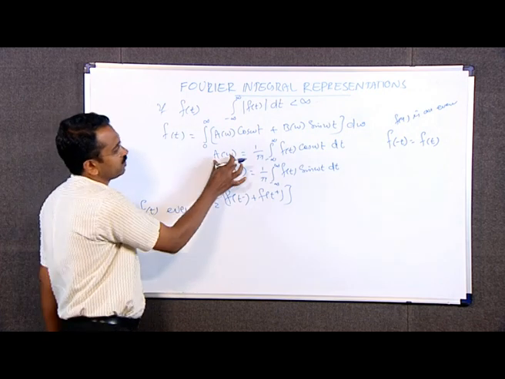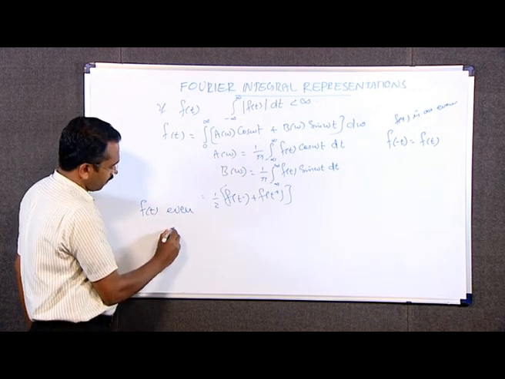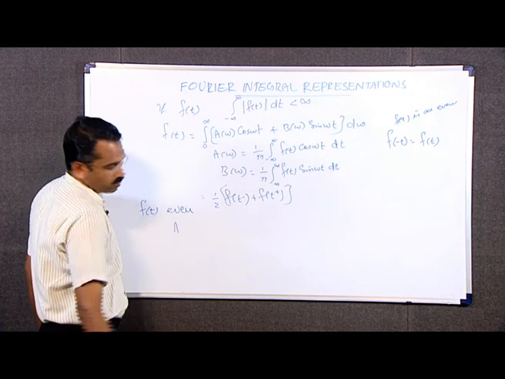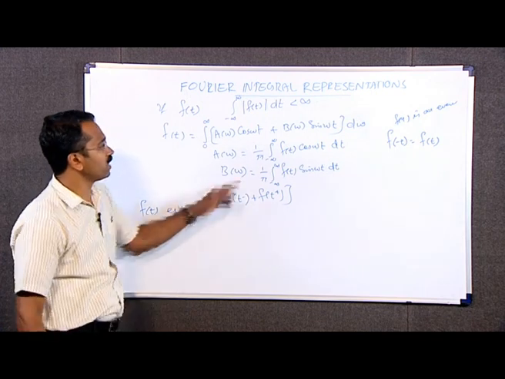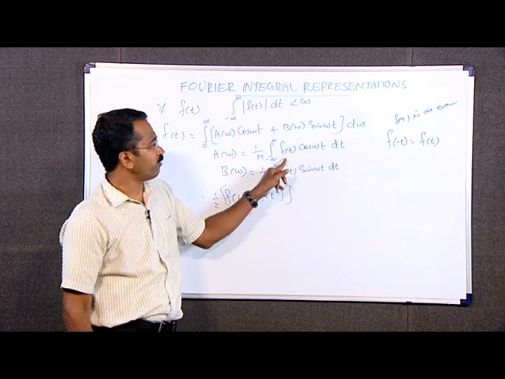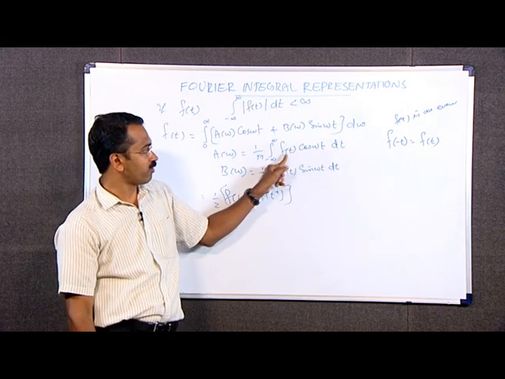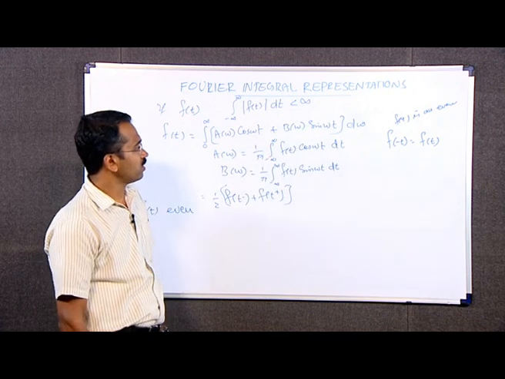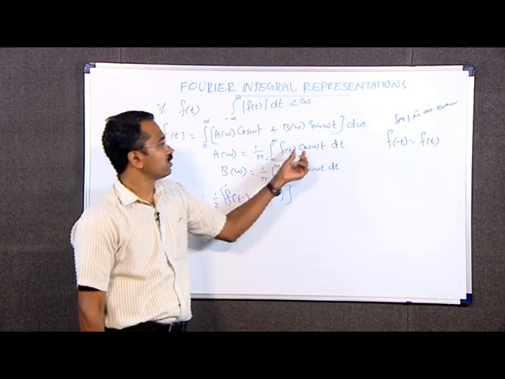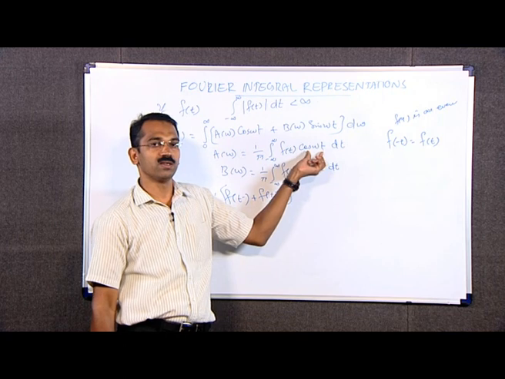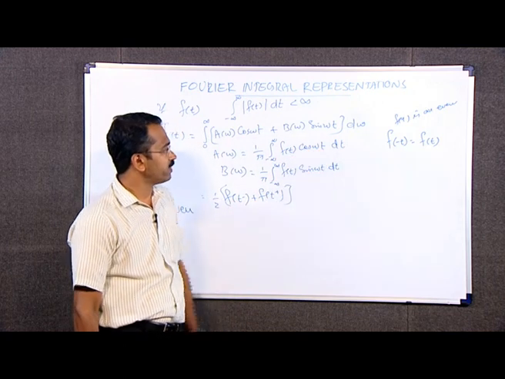Here consider a omega, which is equal to 1 by pi into integral from minus infinity to infinity f of t into cos omega t dt, where f of t is an even function. We know that cos omega t is always even.